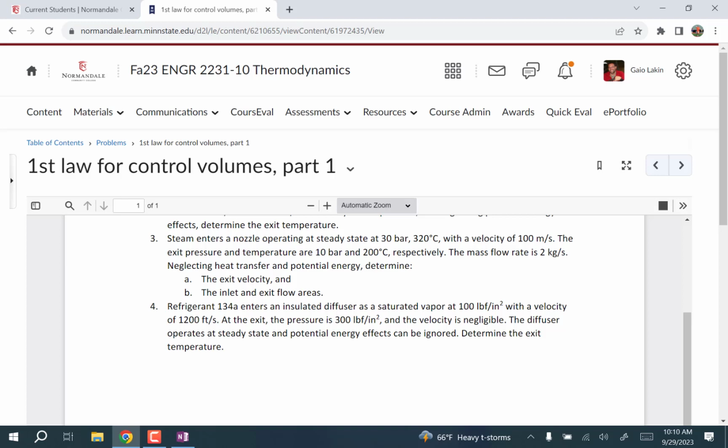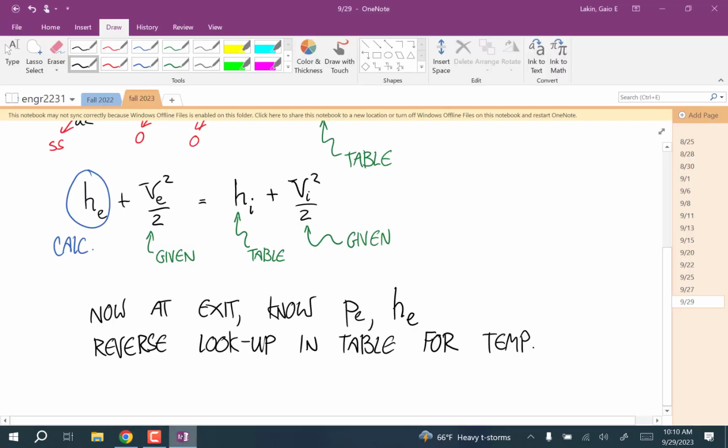At the exit, it gives a pressure. It doesn't say what the state is. Determine the exit temperature. Okay, well, it is a diffuser, so the pressure is going to go up at the exit. But let's think through this one a little too.